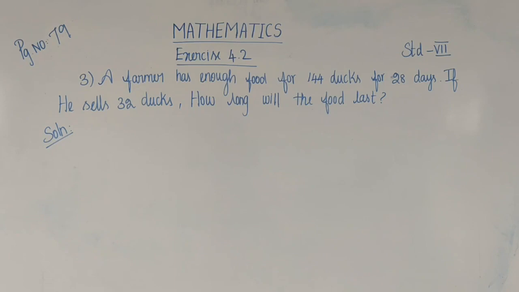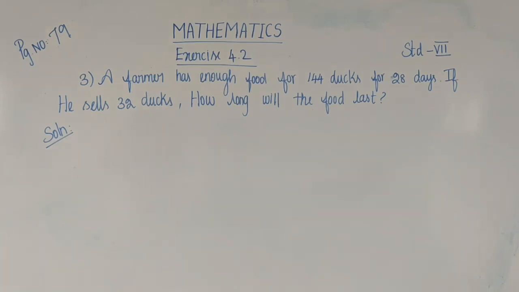What is given? A farmer has food for 144 ducks for 28 days. If he sells 32 ducks, first, what is given?